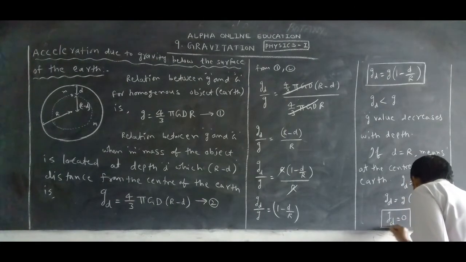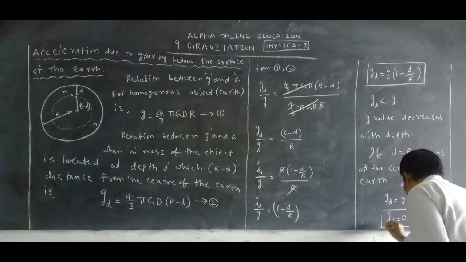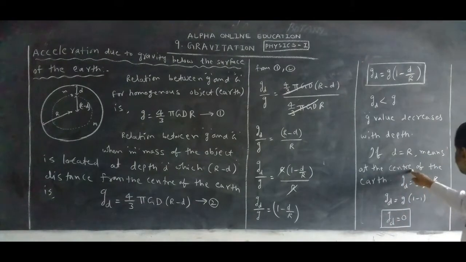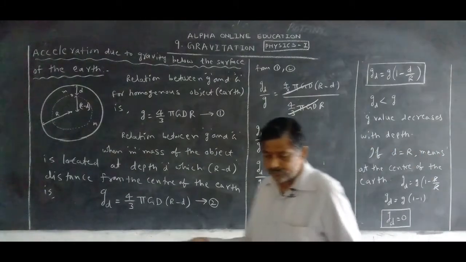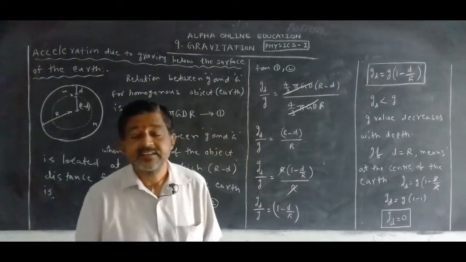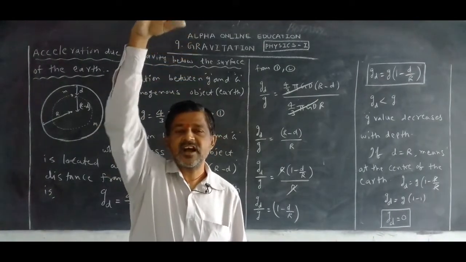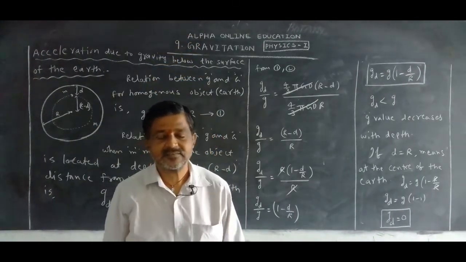Means how much is the acceleration due to gravity at the center of the earth? 0.